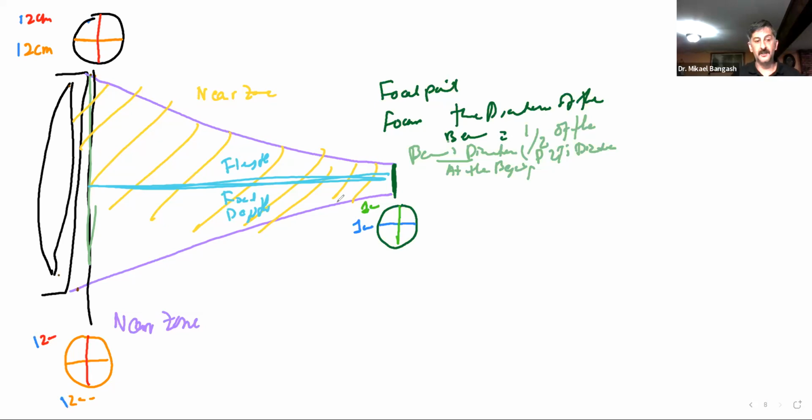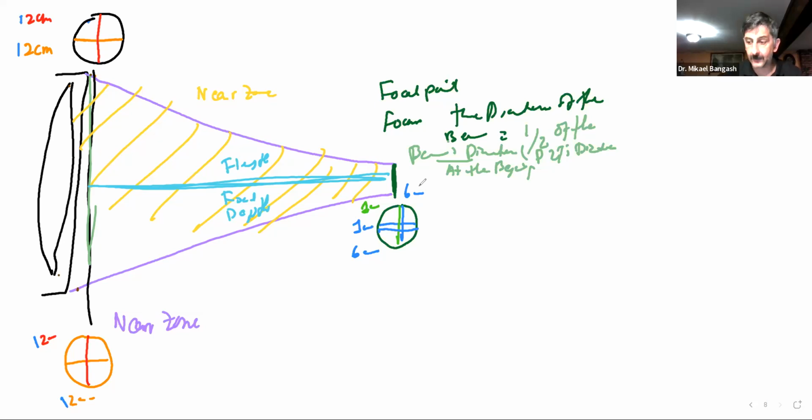Then at the focus it is going to be half of that, 6 centimeters wide and 6 centimeters tall. Did that make sense?